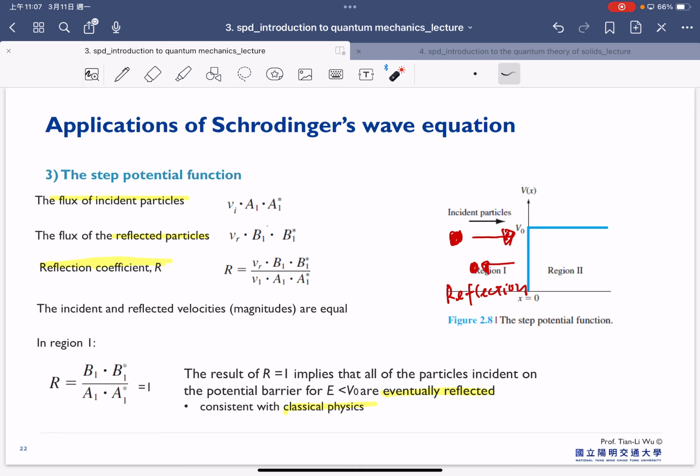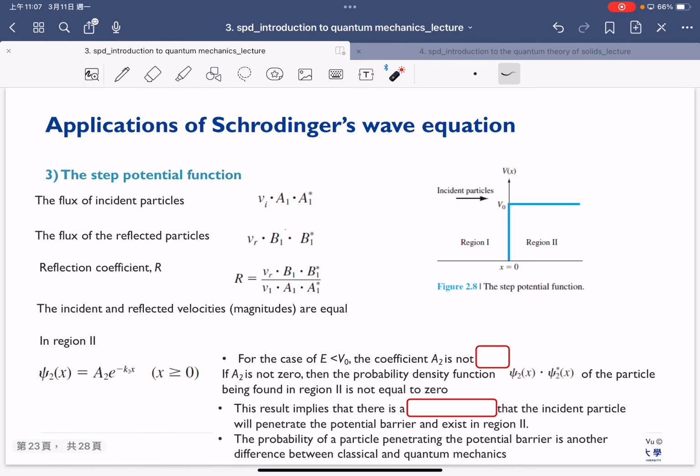So now we found that this is also one good way to show that classical physics can be also proved by using modern physics. But if we consider this special case, there's some more understanding here in region 2. For the case when the energy of the incident particle is smaller than V0, the coefficient A is actually not 0.